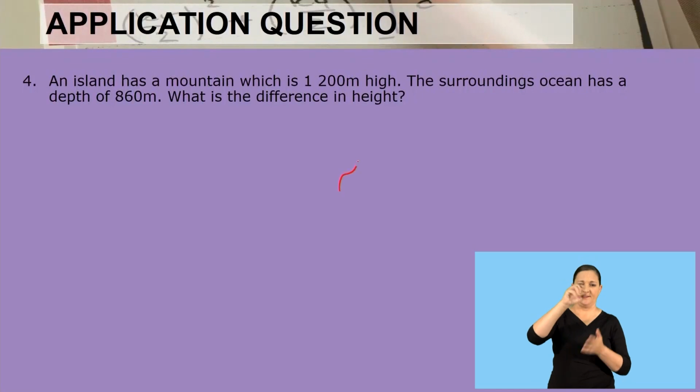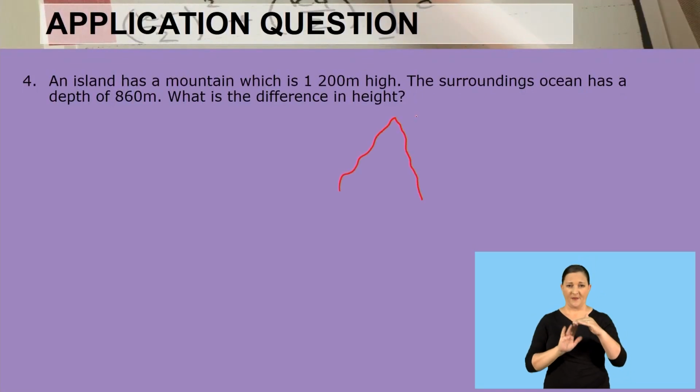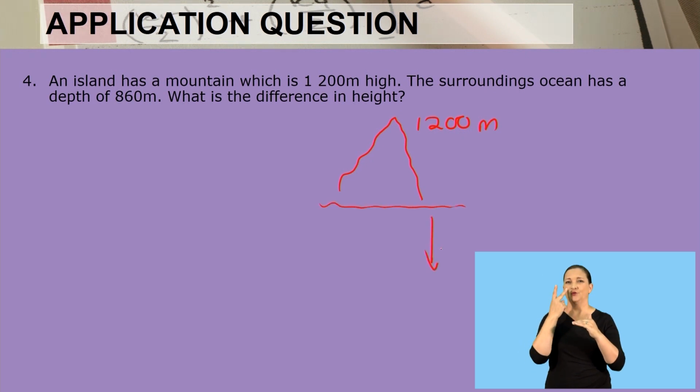We are talking about a mountain that is 1,200 meters, and then the sea that is 860 meters deep. So how do we find the height from the highest point to the lowest point?